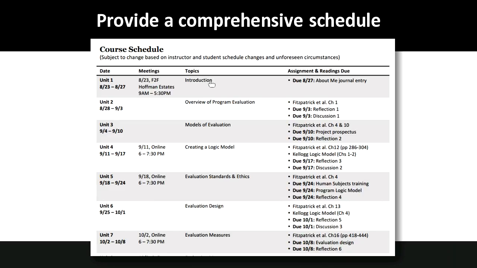Your topics: it's always a good idea to have key terms in the topic so they understand what's going to be covered in each unit, but also how they fold in together, what the process flow is going to be.